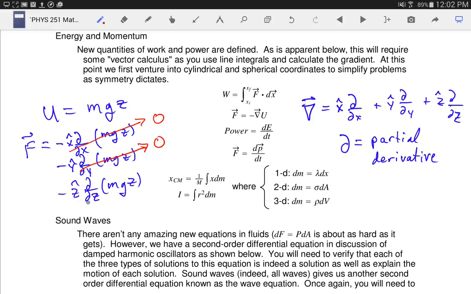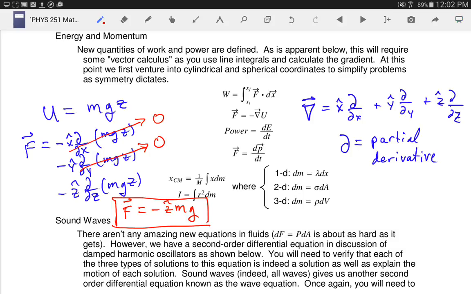Finally, the derivative with respect to z of mgz is mg. So that's the only one that's not 0. So I end up with my force equals minus z hat mg. The minus z hat tells us it's pointing down. Now, of course, that's a very simple application of this law, but you can see it works.